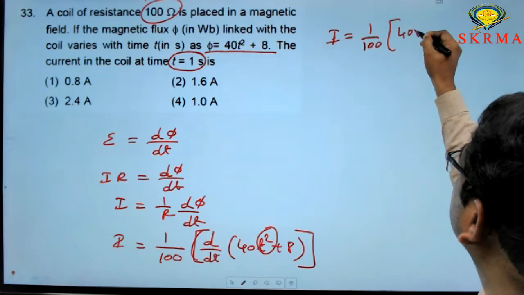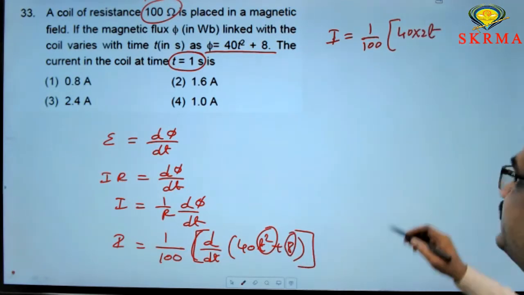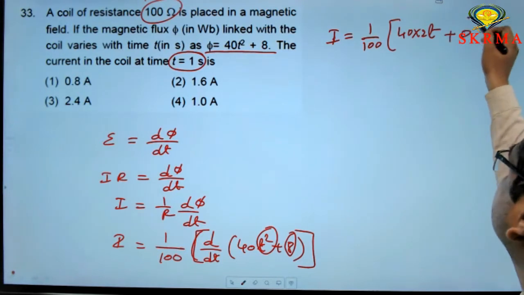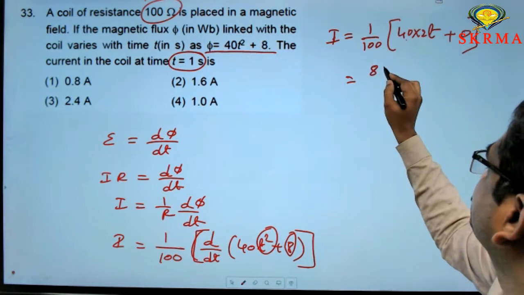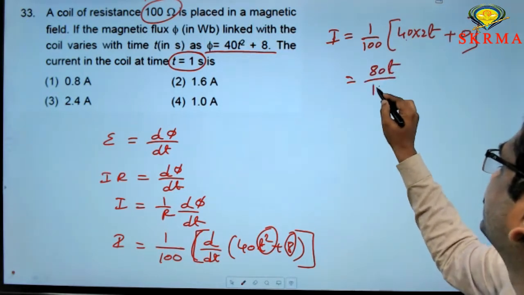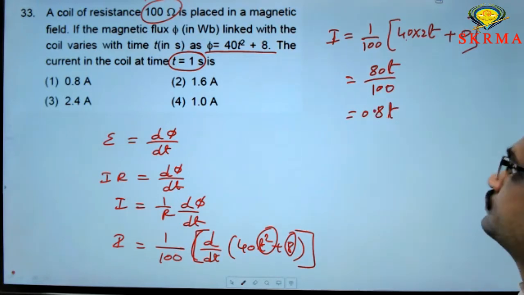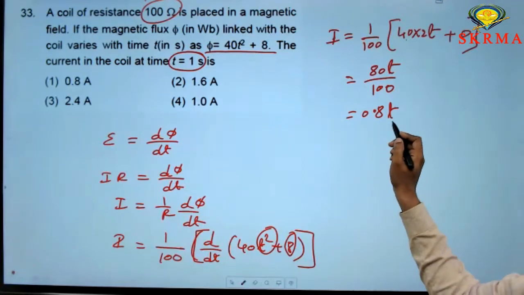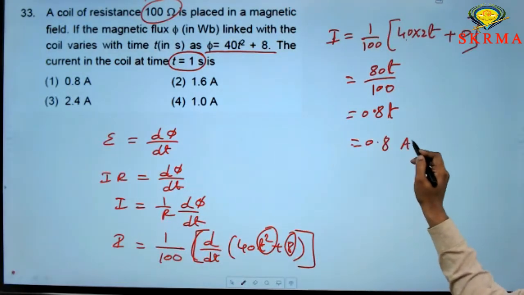So 40 into 2t plus derivative of 8; for any constant, the derivative is 0 only. So 40 into 2 is 80. 80 into t by 100 equals 0.8 into t. Now substitute the value of time t equal to 1. Then you will get 0.8 ampere.